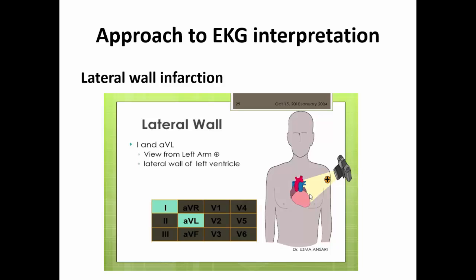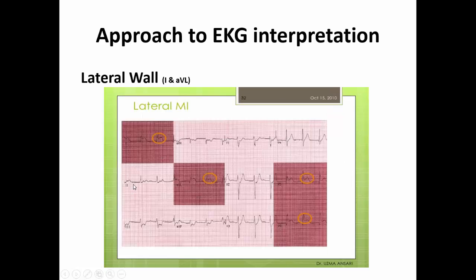When we talk about a pure lateral infarction, we're talking about the lateral part of the heart, over in this region. If you want to know how to look best at the lateral wall, you want to have your camera here, which is where leads 1 and AVL are located. So 1 and AVL tend to look best at the lateral part of the heart. And here's an example.